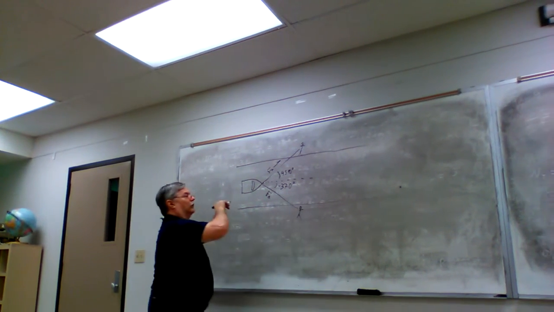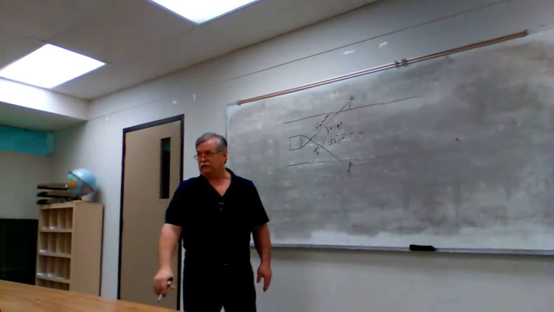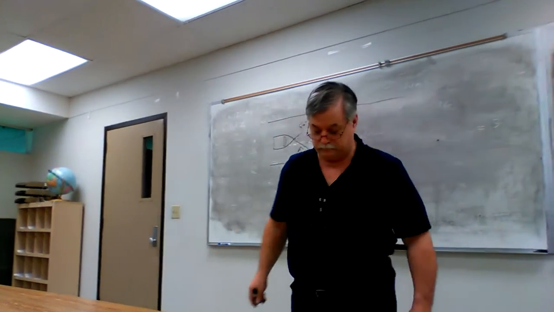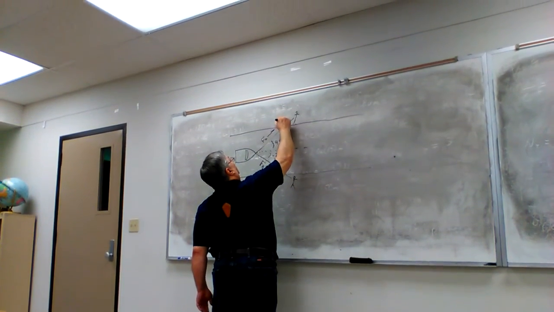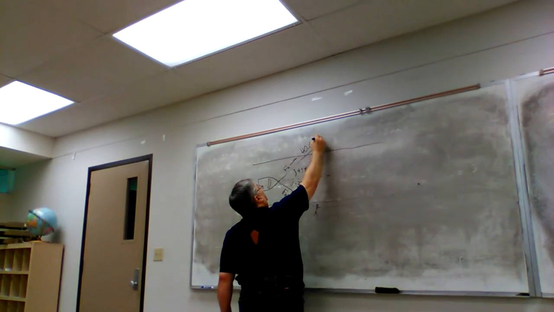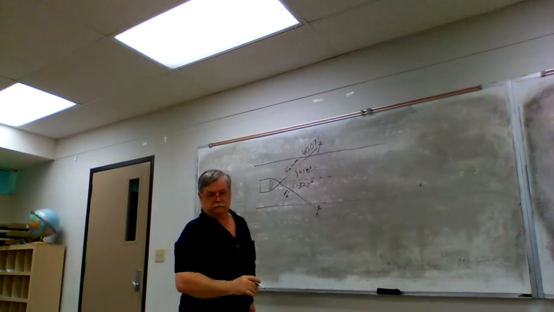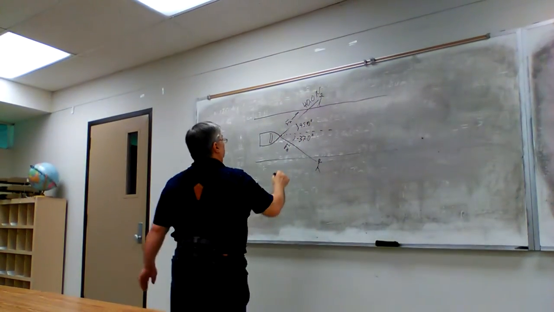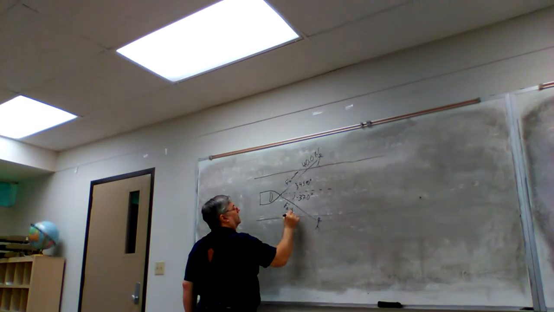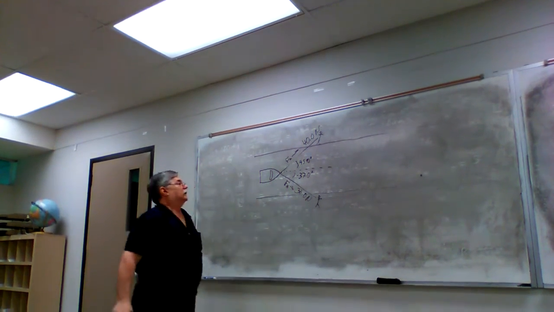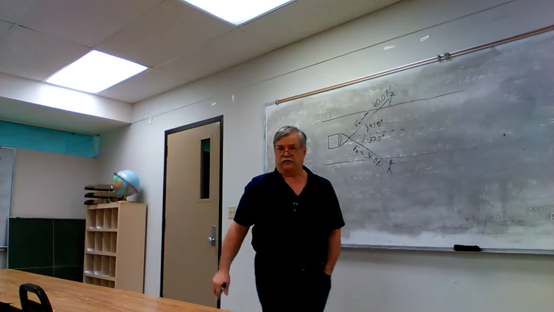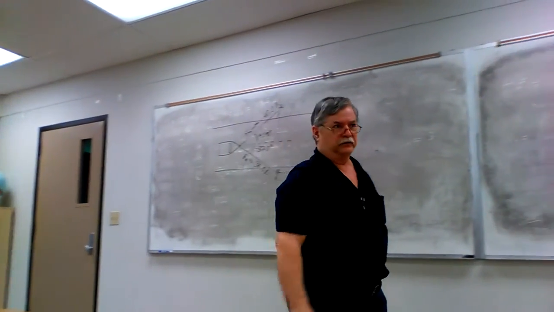We define the horizontal as the positive x-axis. And they are 40.0 newtons and 30.0 newtons respectively. Okay, what is the vector sum of these two forces?